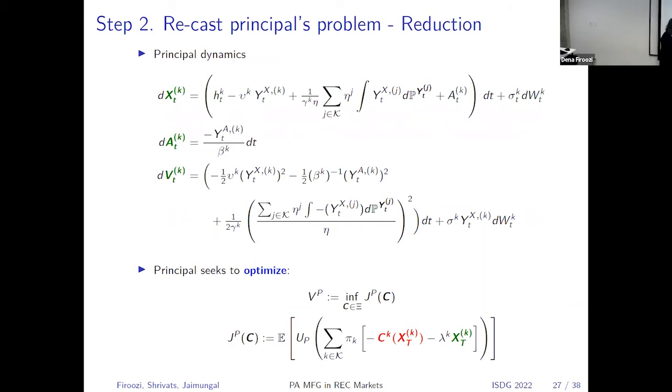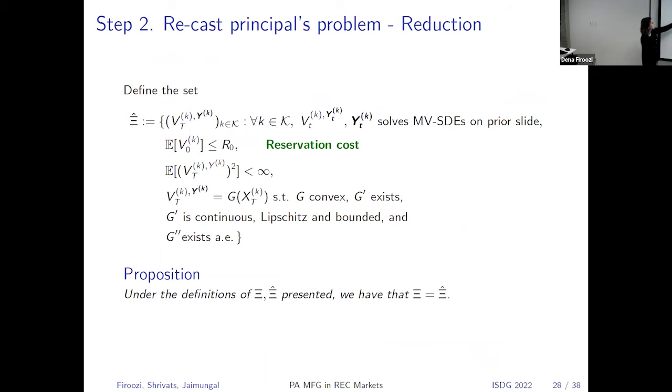Now its utility. We should write its utility, which is only a terminal cost in terms of the state. This is the optimal terminal cost of agents at the end of the compliance period. So clearly we can replace this with the terminal value of the value process. But before that, I define a set of random variables representing these terminal values such that throughout time, this value process satisfies the dynamics that I just presented.